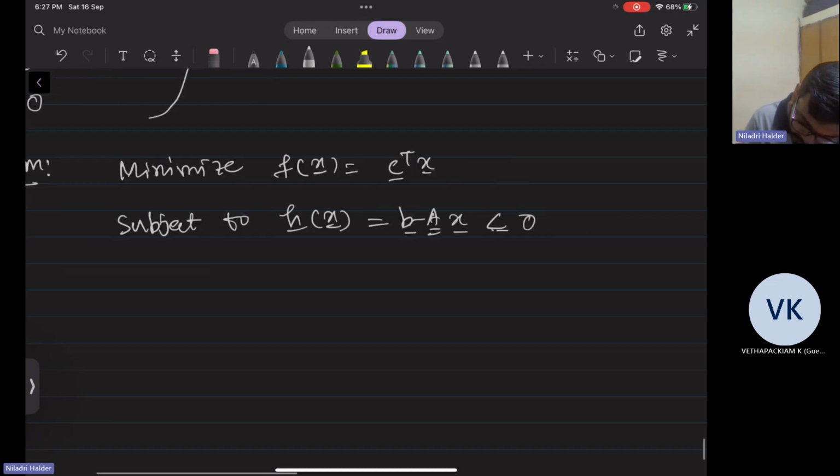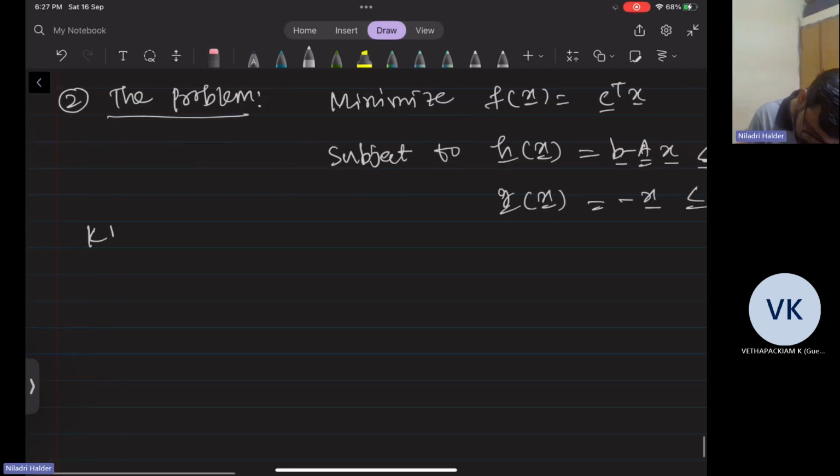So all are inequality. There is no equality here in Gx. So for that case also, KKT conditions.